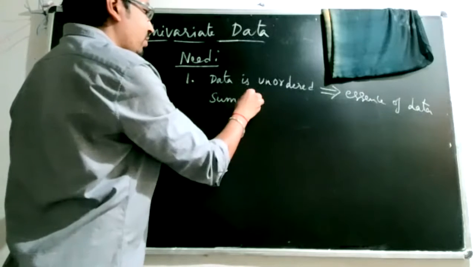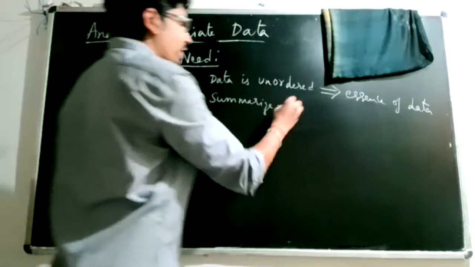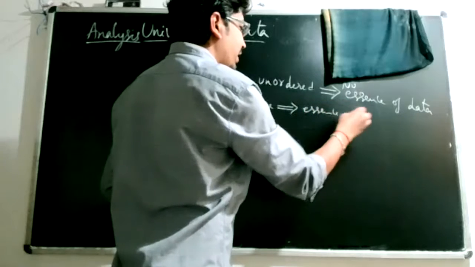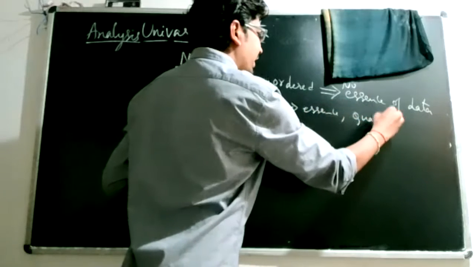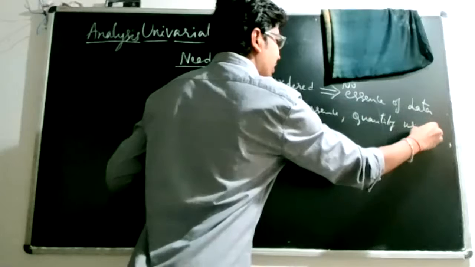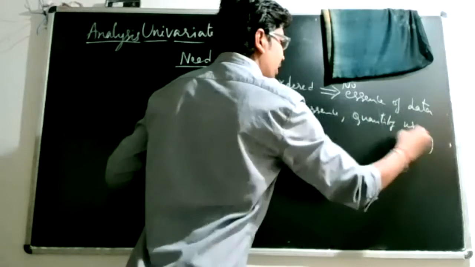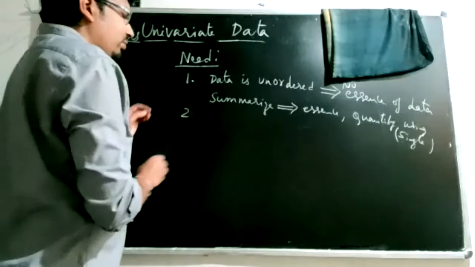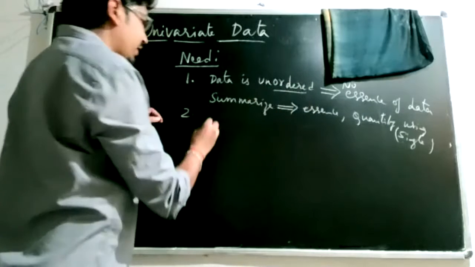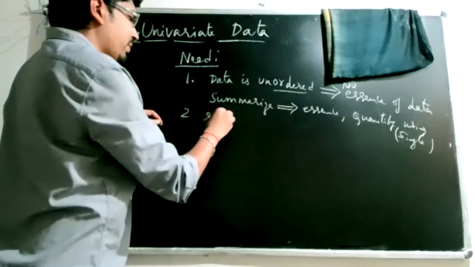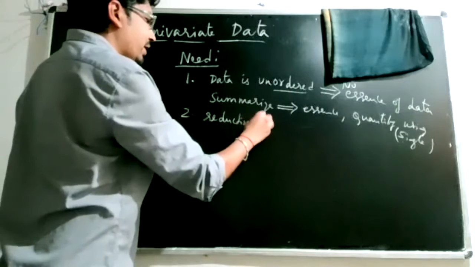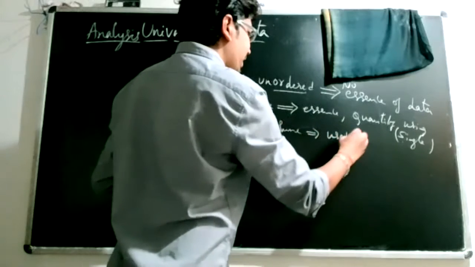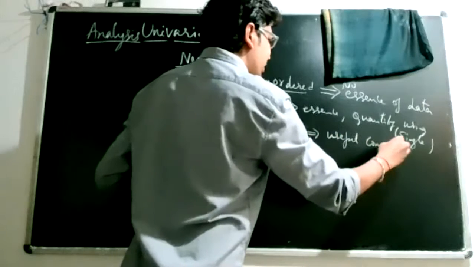Whenever you summarize the data, you can bring out the essence of the data. You can quantify the data using single numbers, which are easy to represent the entire mass of the data. And when you do the organization of the data, there will be a drastic reduction in volume, and reduction in volume helps us in drawing useful comparisons as well as decision making.